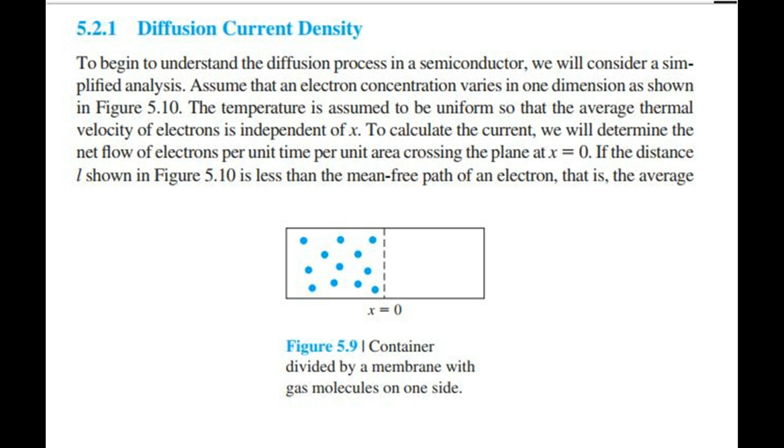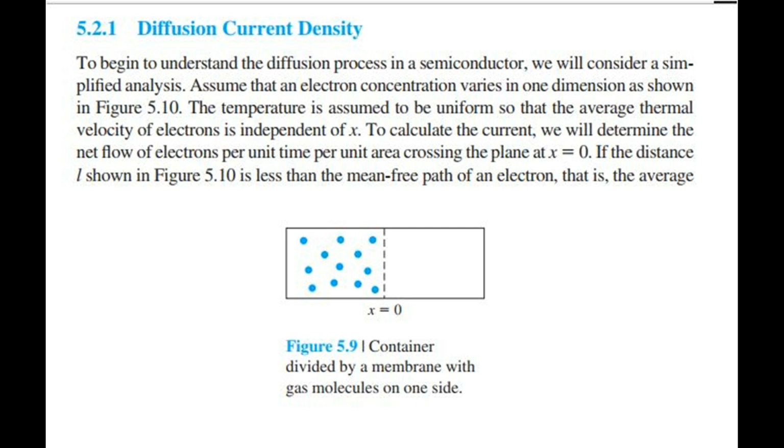Diffusion current density. To begin to understand the diffusion process in a semiconductor, we will consider a simplified analysis. Assume that an electron concentration varies in one dimension as shown in figure 5.10. The temperature is assumed to be uniform so that the average thermal velocity of electrons is independent of x.